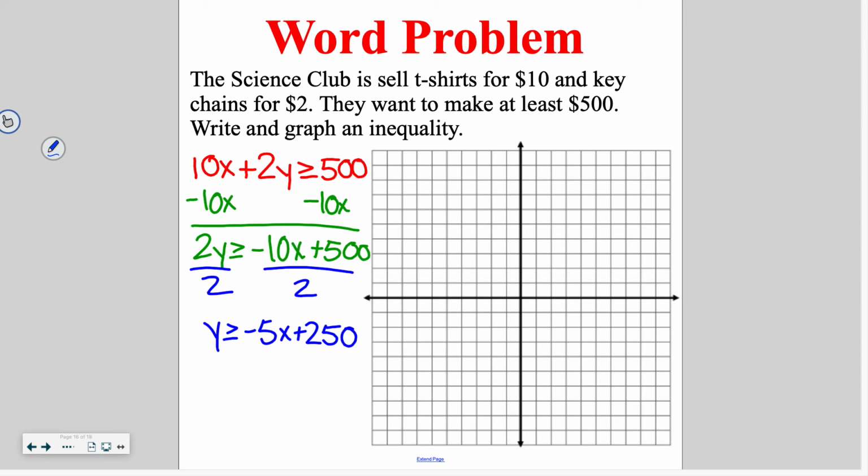So I'm going to go ahead, and I need to be careful what I'm counting by now because I'm starting at 250, but I am going down by 5. So now I need to figure out how I'm going to scale this graph. 250 is my y-intercept, but I'm counting down by 5s.